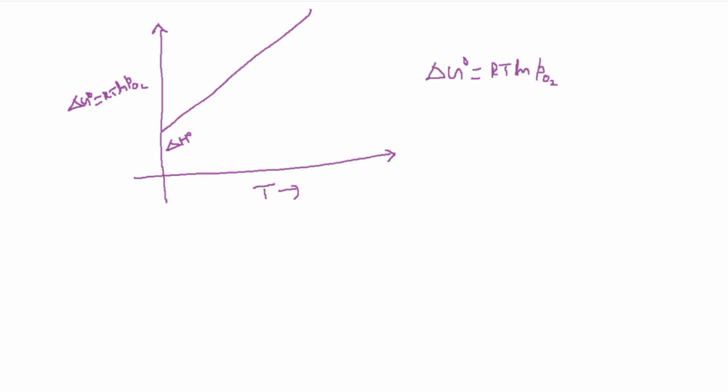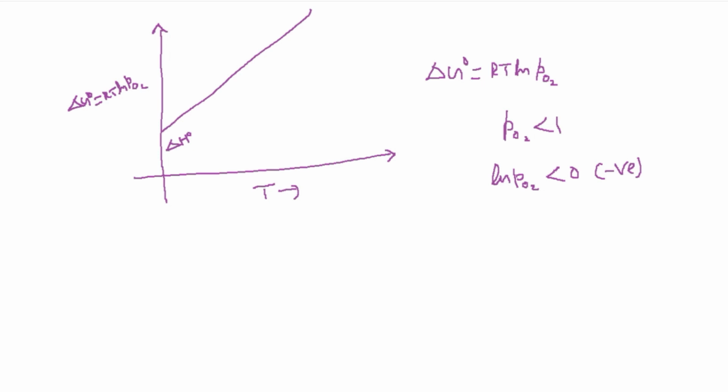So when oxygen starts to react, its partial pressure will be less than 1. Whenever we take the log value of a quantity less than 1, it will be negative. The logarithmic value of any numerical value which is less than 1 is always negative.